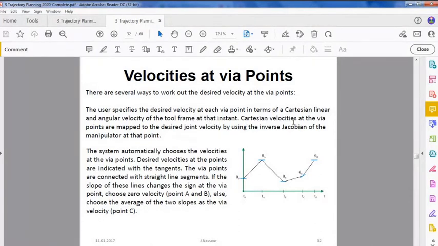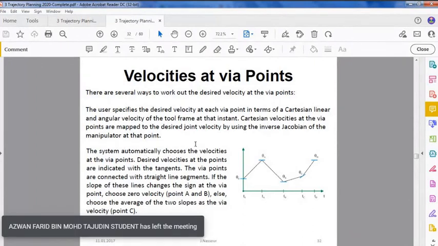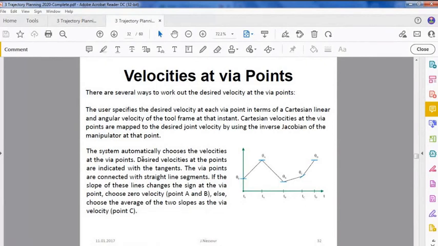Cartesian velocities at the via point are mapped to the desired joint velocity by using the inverse Jacobian of the manipulator at that point. The system automatically chooses the velocity at the via point.